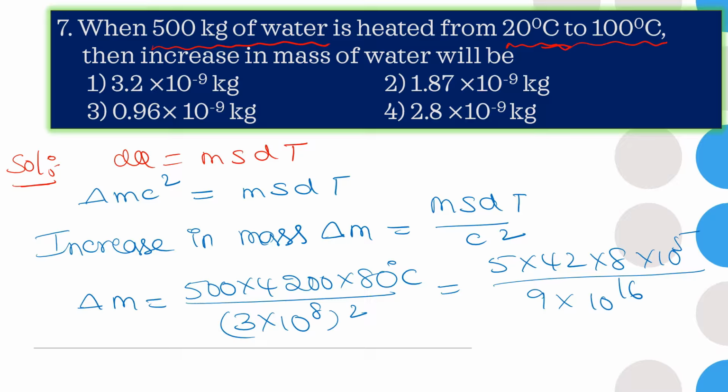So Δm is equal to 1680 into 10 to the power of 5 divided by 9 into 10 to the power of 16.